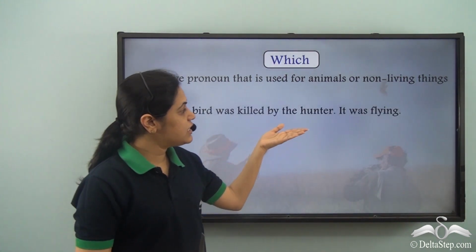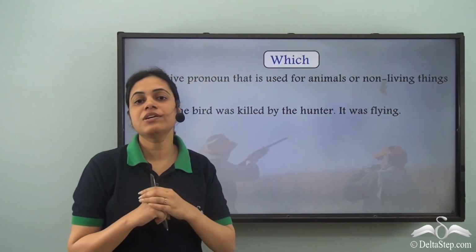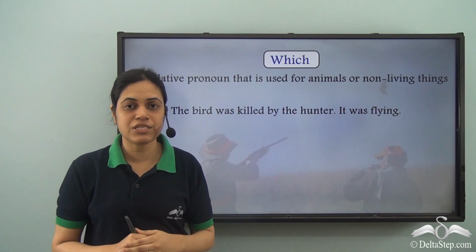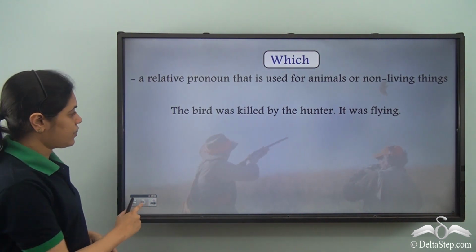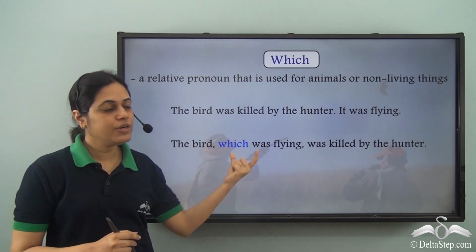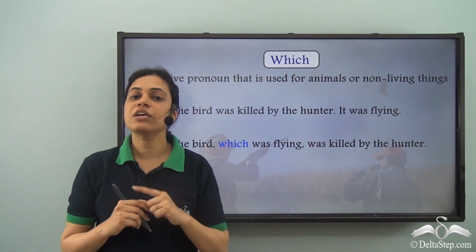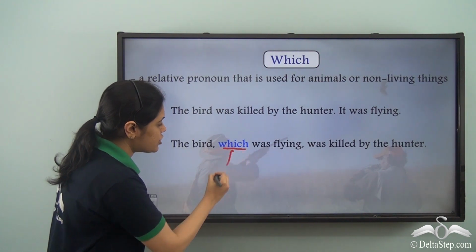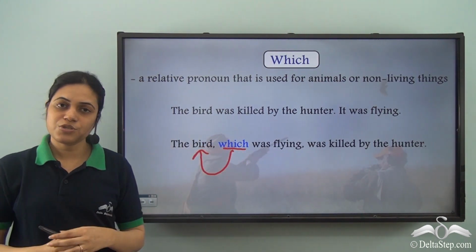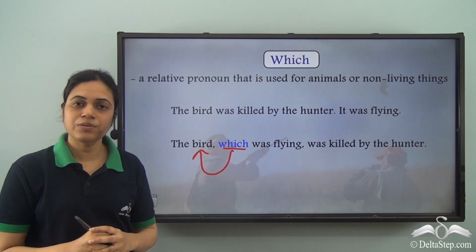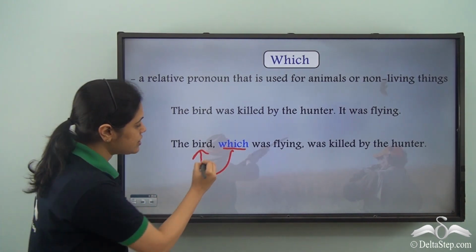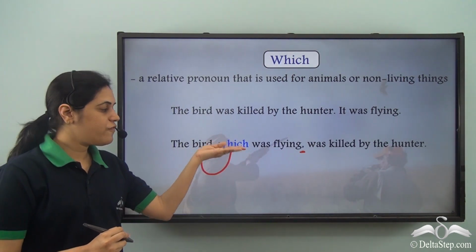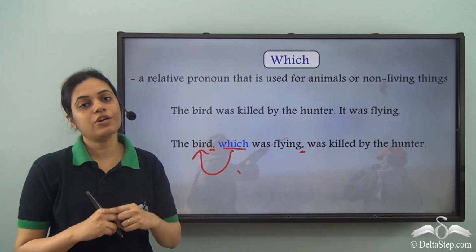The bird was killed by the hunter. It was flying. So how can I join these two sentences using which? I can write, the bird, which was flying, was killed by the hunter. Now in this case, which refers to the bird, which is a noun, and if you notice, we have used these commas. So which can be used along with commas.